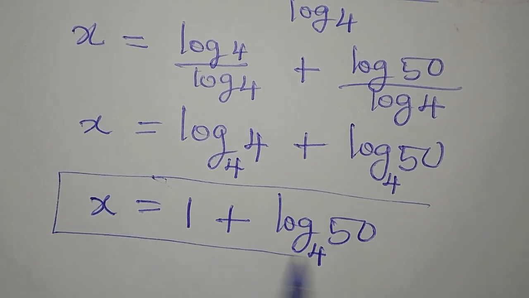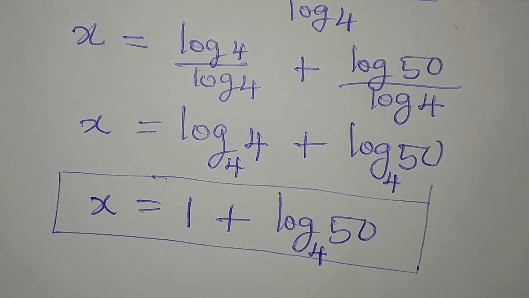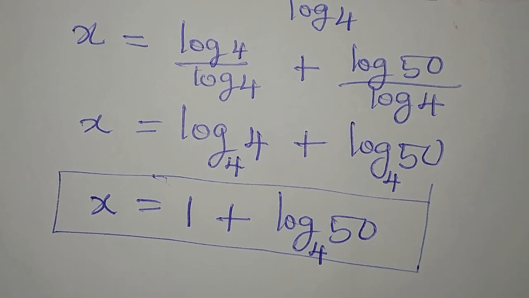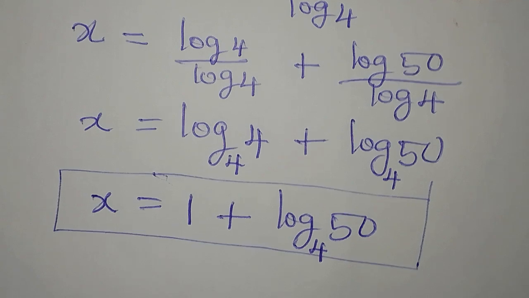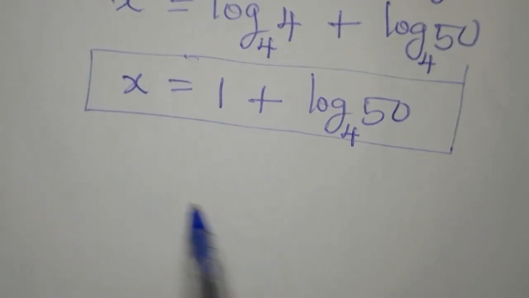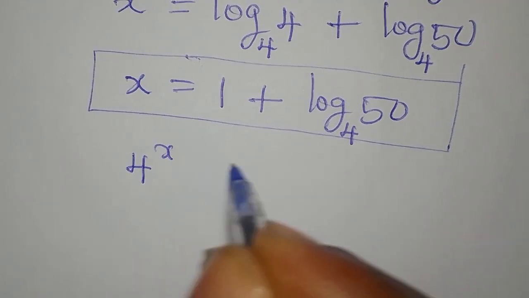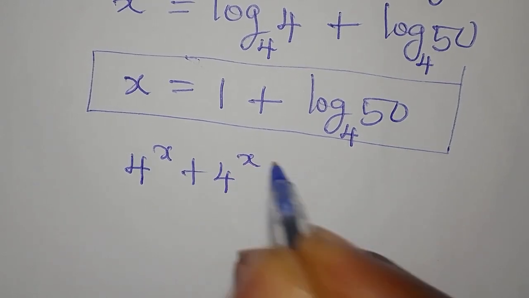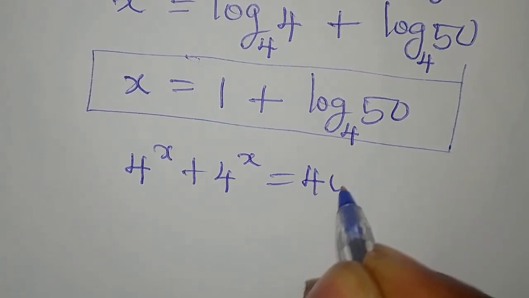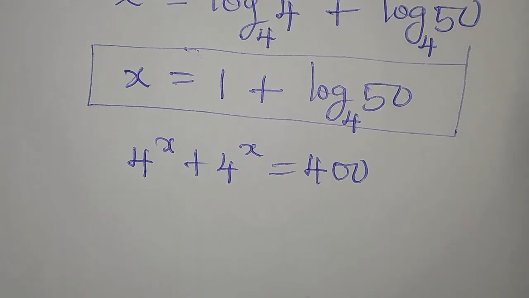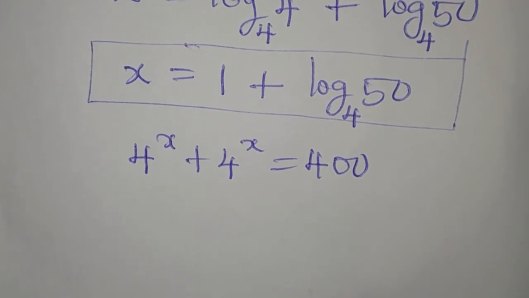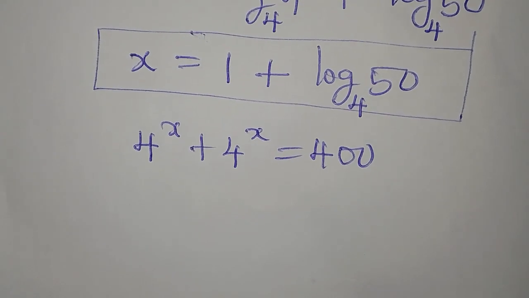Okay, so we are going to verify this very quickly and see whether we are right or wrong. Remember, the given equation is 4 to the power of x plus 4 again to the power of x equals 400. And by the way, there's another faster way that this can be done, and I will try to pick it out.